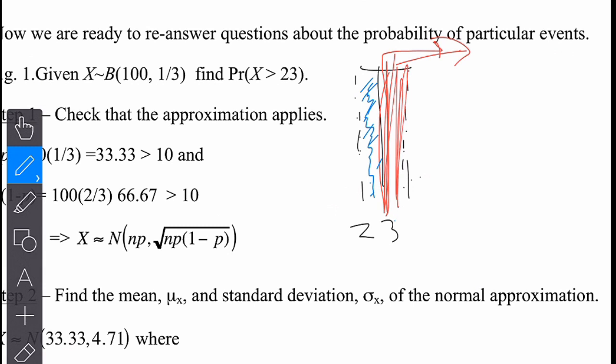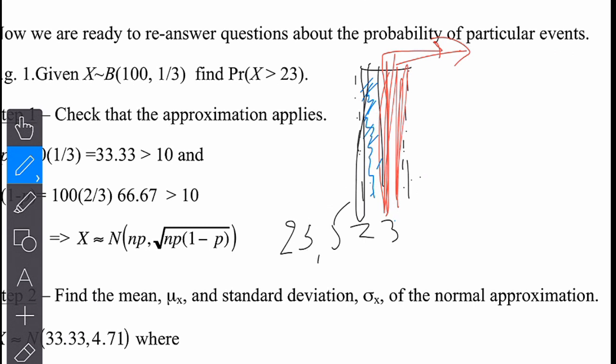And so what we're going to do is go from 23.5 instead. Sorry, 22.5 instead. Okay, this is really messy.